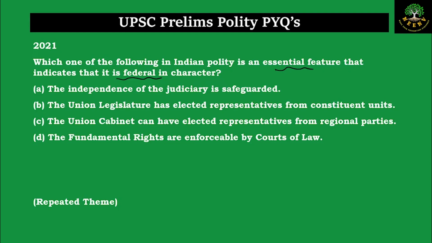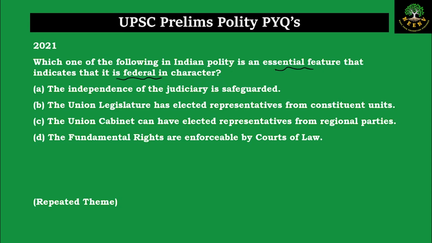When we say federal in nature, it means that the powers of the government are divided between the central government and the state government. So there are two different power centers, one in the center and one in the regional level, that is the states, and the country is managed as a whole. What is the main basic feature of the federal character? Statement 1 says independence of judiciary is safeguarded.